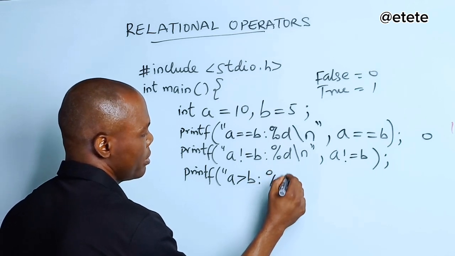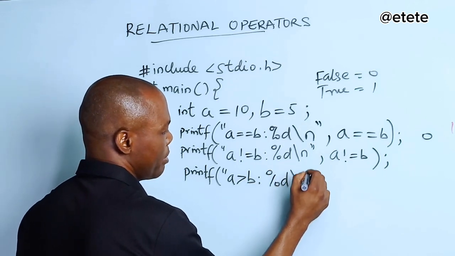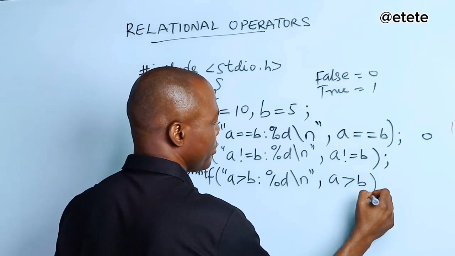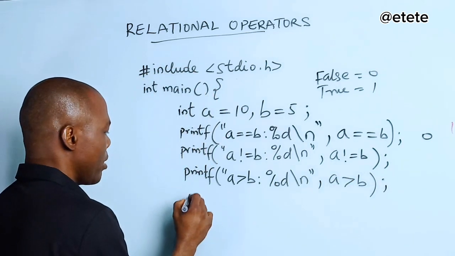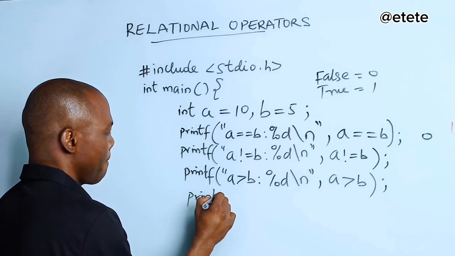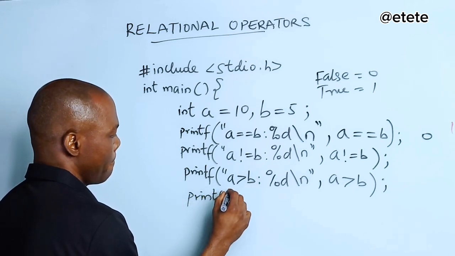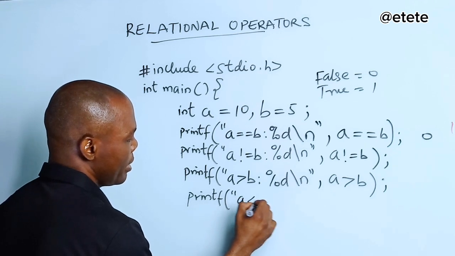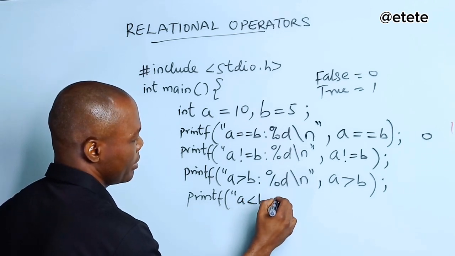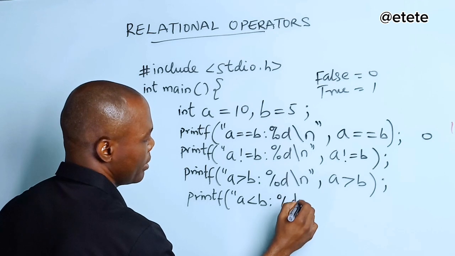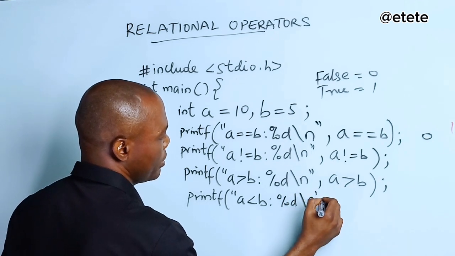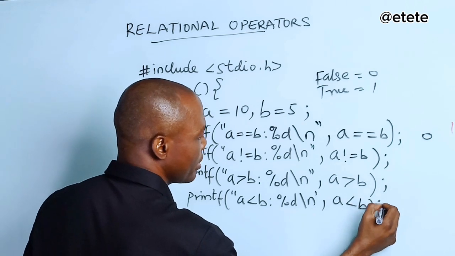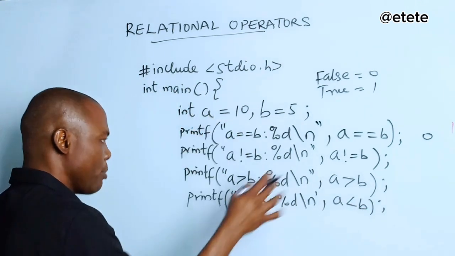Then I'll put my escape sequence again. So I'll say a greater than b. Here I will say printf, a less than b. Then I'll put this, comma, a less than b. Then let me just leave it at that.